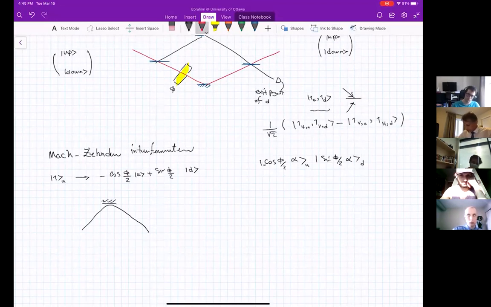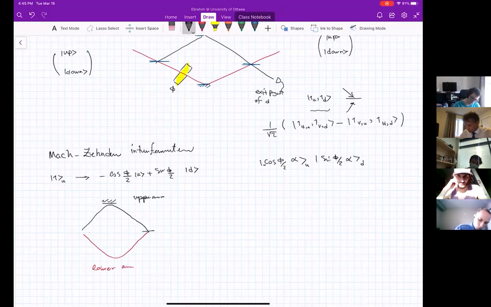The other one goes down and comes back to the beam splitter. And at the beam splitter, they will be interfering together. True? So I will call it the upper arm and lower arm. And those two meet at the beam splitter. And I'm looking at here.